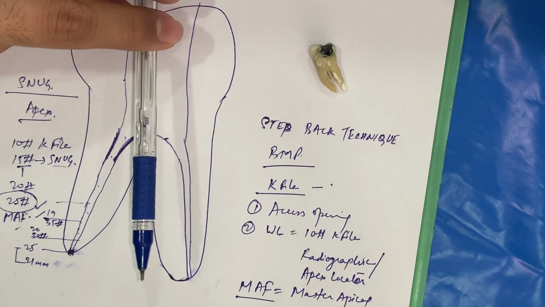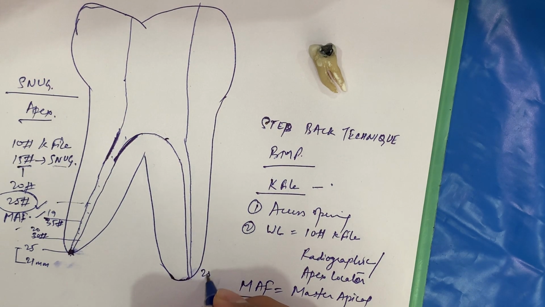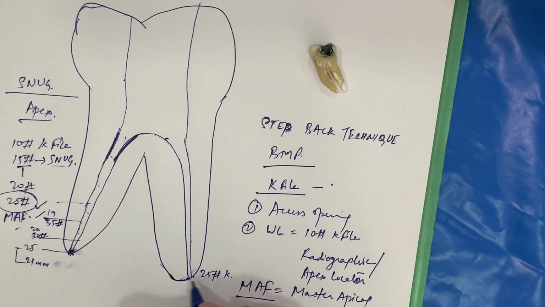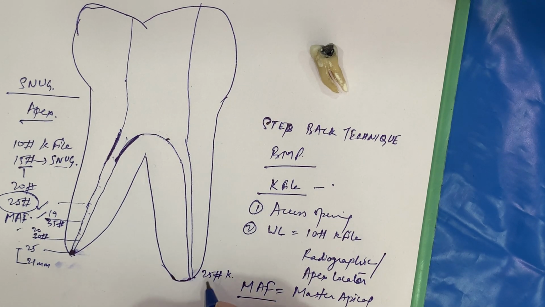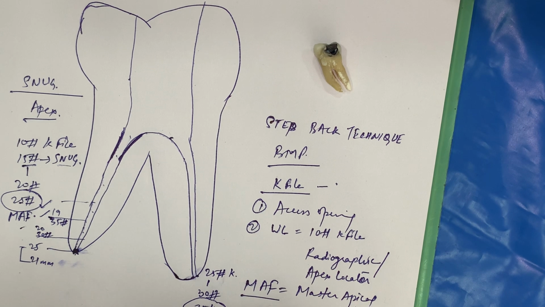So we go till the 25 number file, and suppose our 25 number K file binds at, or snugly fits at, the apex. So we will have to enlarge this 25 number apex by two sizes, that is 30 and 35. So 35 will be our MAF, or the master apical file.